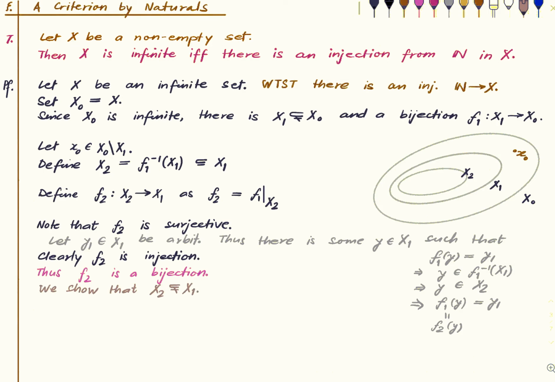So let x1 in capital X1 be the unique element such that F1(x1) is equal to x0.